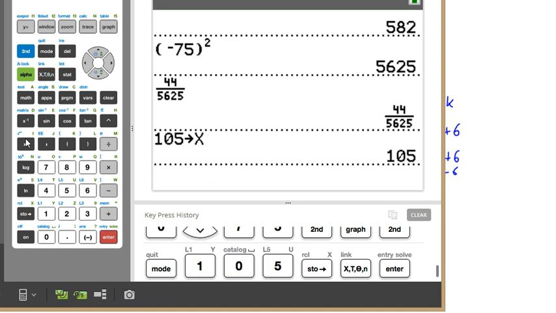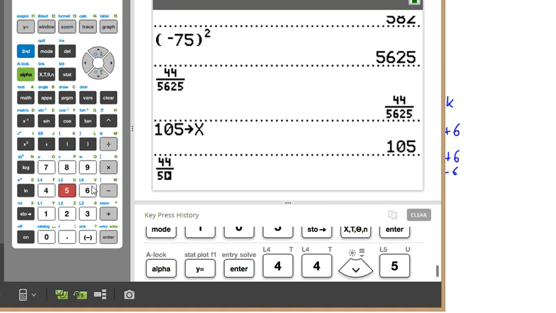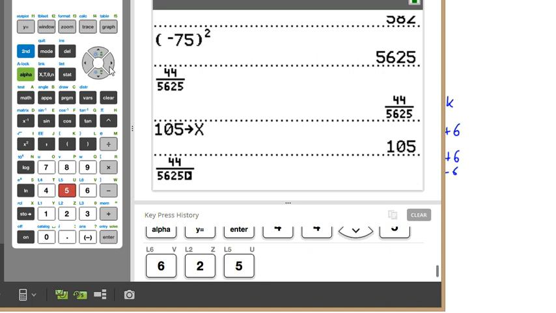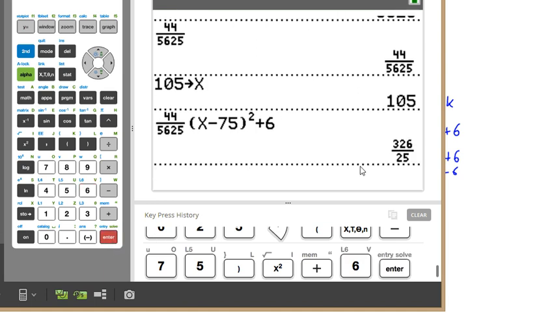We know a is 44 over 5625 times quantity x minus 75, close parentheses, squared, plus 6. Okay, enter. So we get 326 over 25, and what do we do to get a decimal approximation?